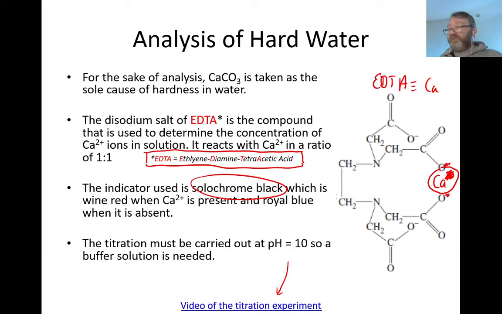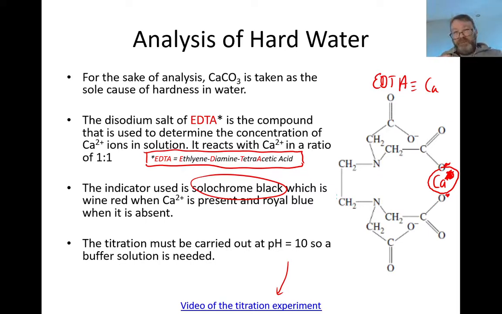But what happens is this. When solochrome black finds the presence of calcium, it goes wine red. As you begin to titrate and allow in the EDTA, it basically takes out all the calcium until there's no calcium left. And when there's no calcium left in the conical flask, the solochrome black can no longer remain wine red, but changes to a royal blue.